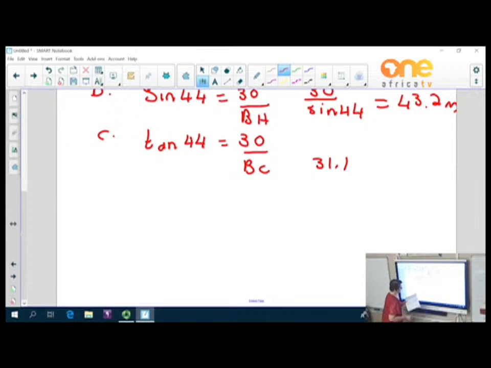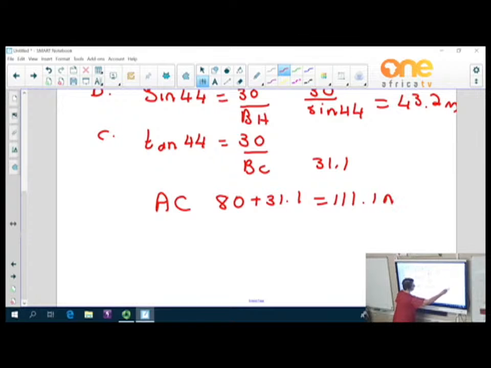But the question is actually, hence calculate the distance BC from B to the foot of the cliff. So that's actually that whole distance. Well, if you want to find AC now, it will be 80 plus this 31.1, which is 111.1 meters.